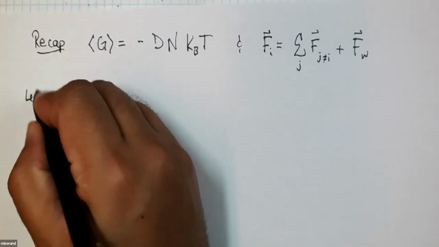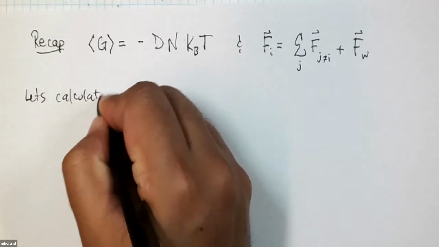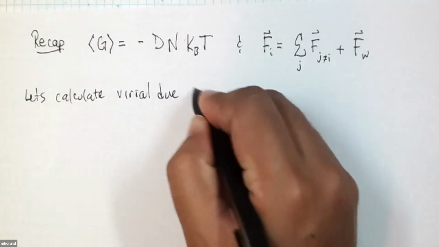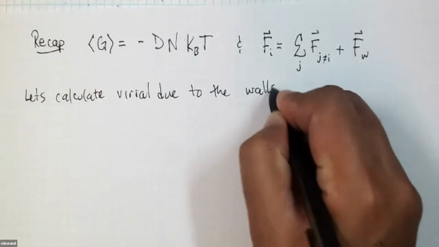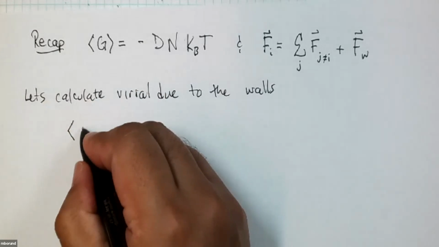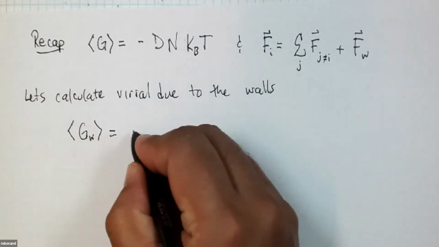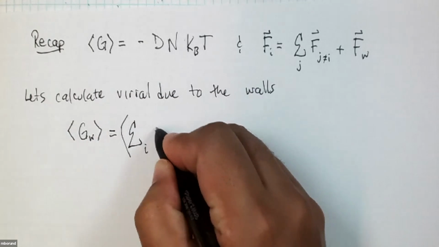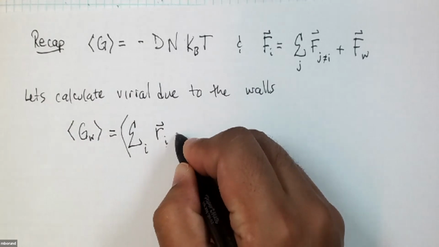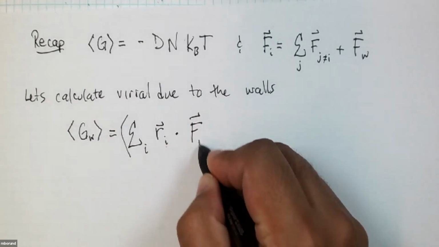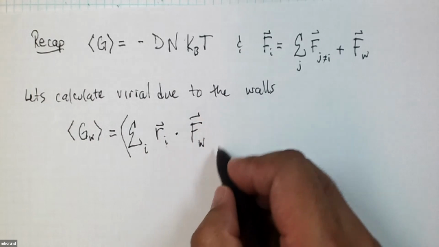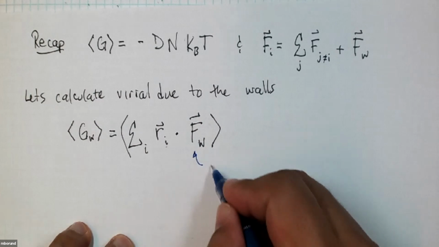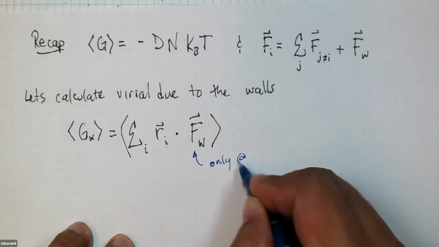So let's calculate G due to the walls. In this case, we have the G due to the walls is equal to the average sum over i of Ri dotted with the force of the wall. And then this force is only at the surface, right?